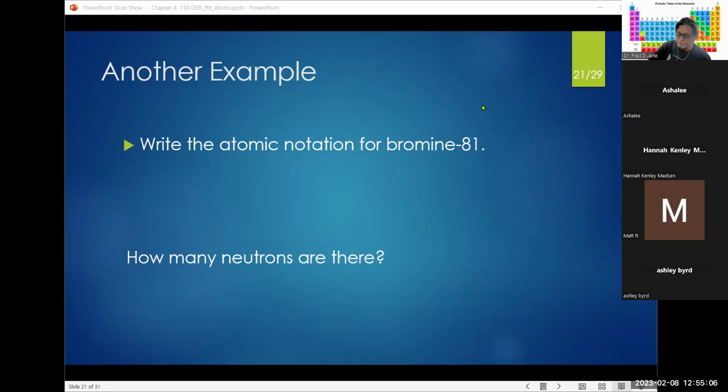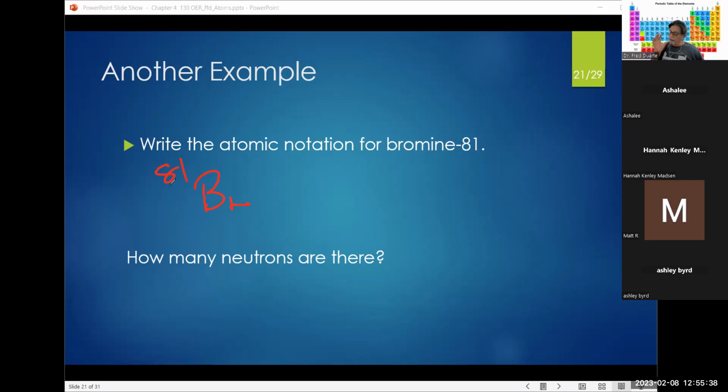All right, so here, the question is, write the atomic notation for bromine 81. So the first question I would ask is, is bromine 81 the most common isotope? It would be 80, exactly.